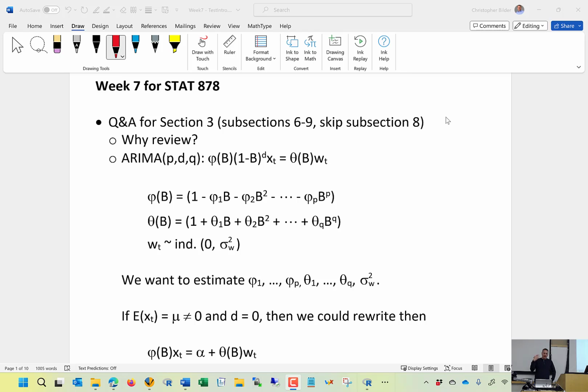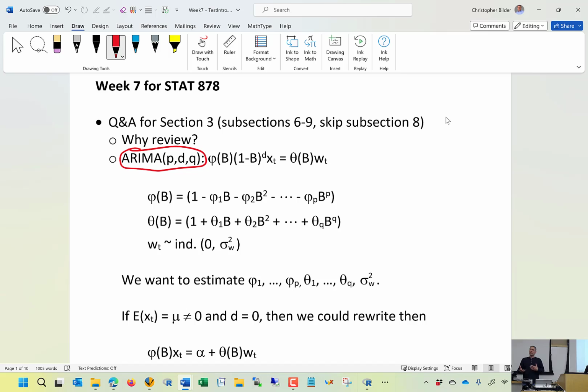So in these notes, in the videos, you saw finally the full statement of an ARIMA(p,d,q) model. These models are used throughout time series analysis, and as we go throughout the rest of the semester, we will look at various generalizations of these kinds of models.